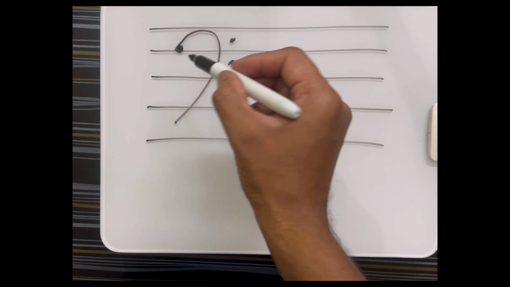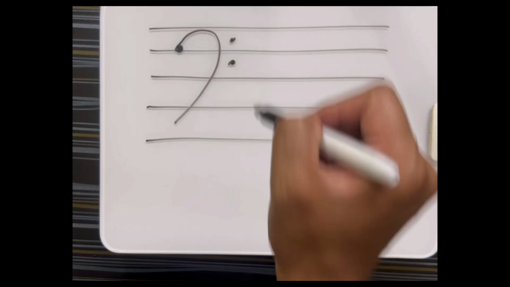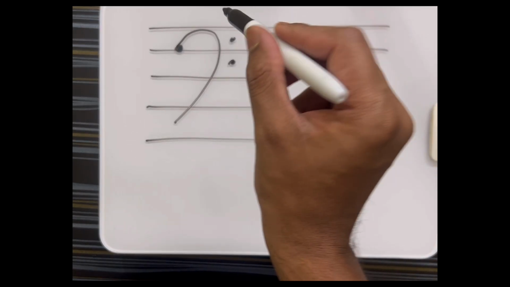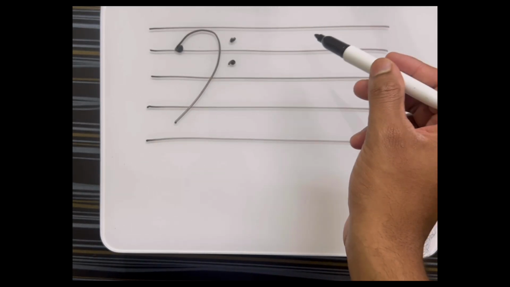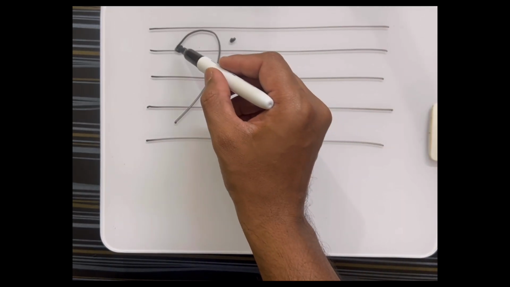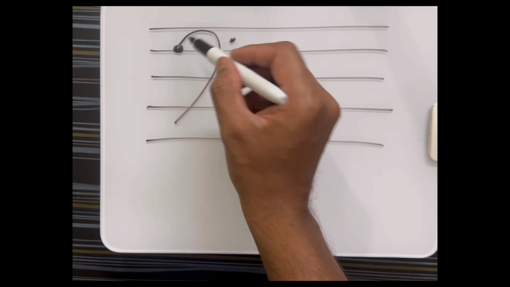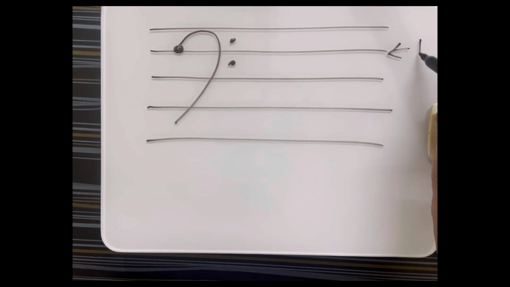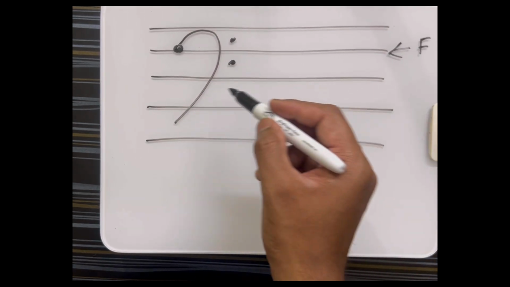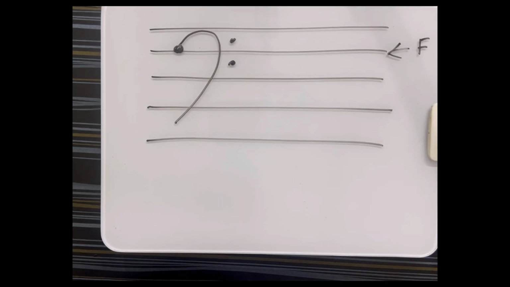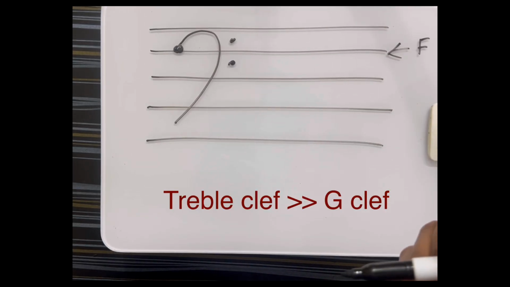So this is how we draw the bass clef on the staff. Already we saw the treble clef on the staff, and now it's the bass clef on the staff. The starting point where it starts is F. Therefore the other name for the bass clef is F-Clef, and the other name for the treble clef is G-Clef.